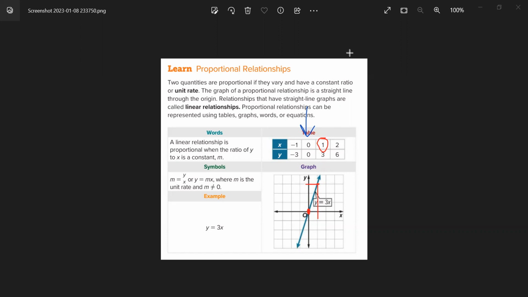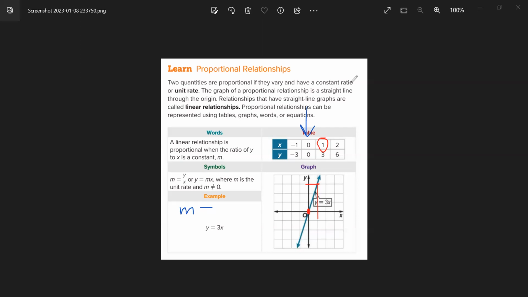So good. Now, we also can represent this in an equation. Why is that? Because M is the constant. Let's see the words right here. A linear relationship is proportional when the ratio of Y to X is a constant, or M. Okay? So M is a constant. What is that constant?